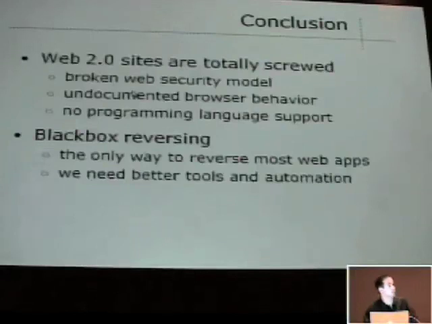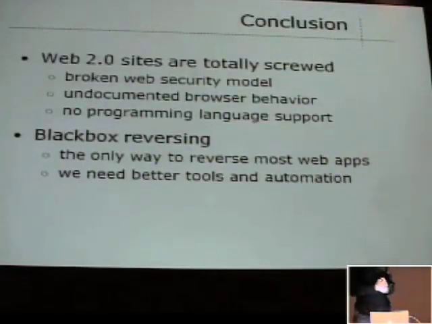So, in conclusion, there are a lot of problems with Web 2.0 sites and the general architecture there. The reasons for these problems are first the web security model, which was designed with the assumption that sites only contain safe content that was put there by the creator of the site.